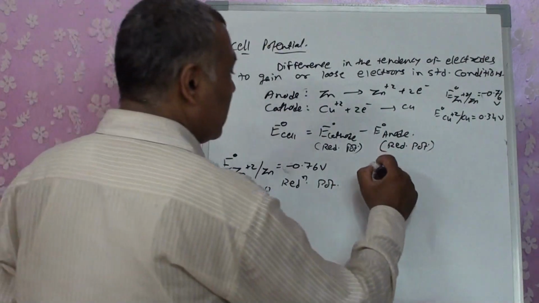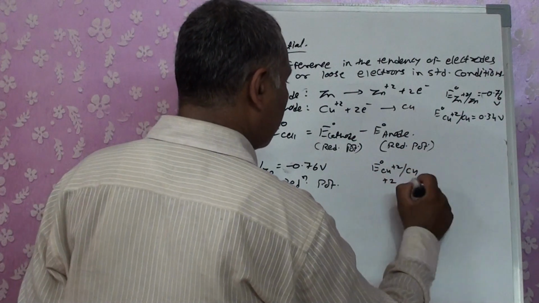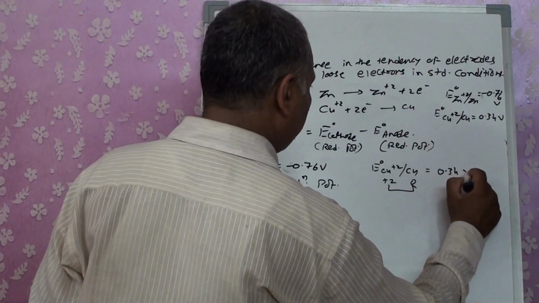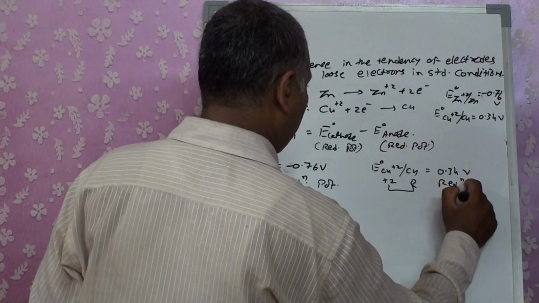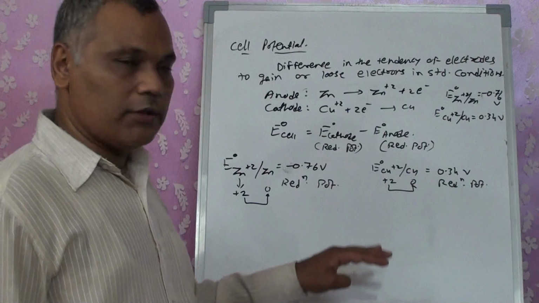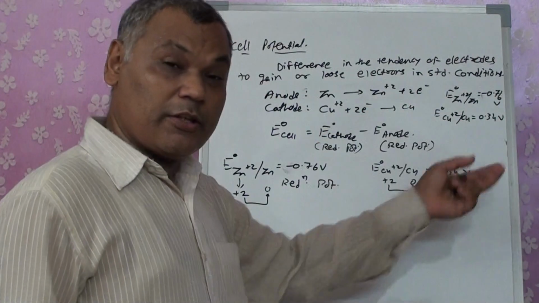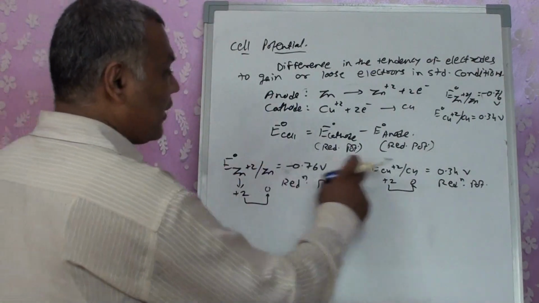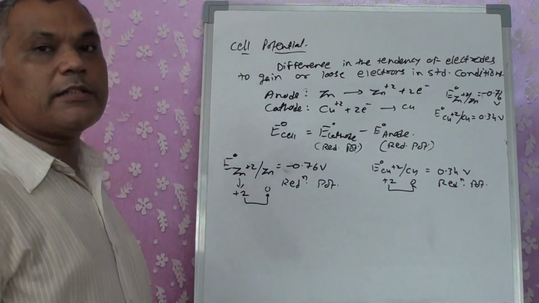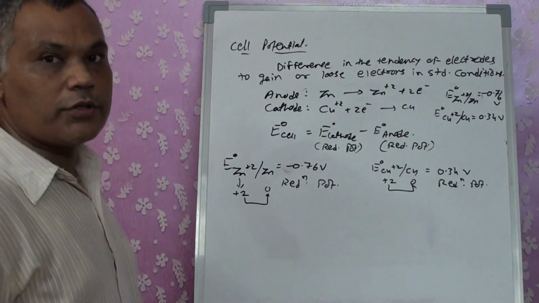Right? Similarly, E naught of Cu plus 2 Cu is also plus 2 to 0. It is also a reduction potential. That means in both the cases I have been given reduction potentials. In the exam, they may give you one as reduction, one as oxidation. So by doing this, you will be able to find out the change in the number of electrons, whether they are increasing or decreasing. That will help you know whether it is a reduction or oxidation potential.